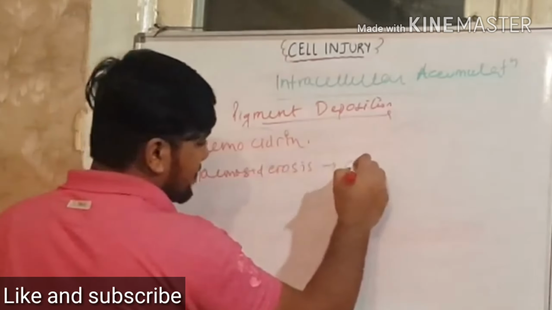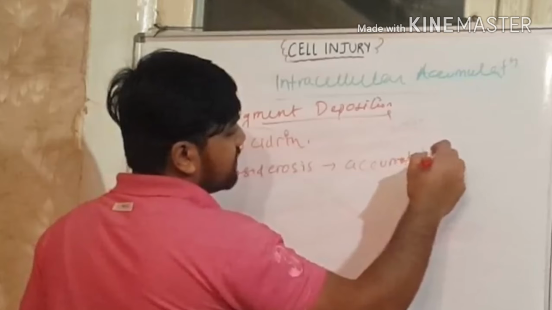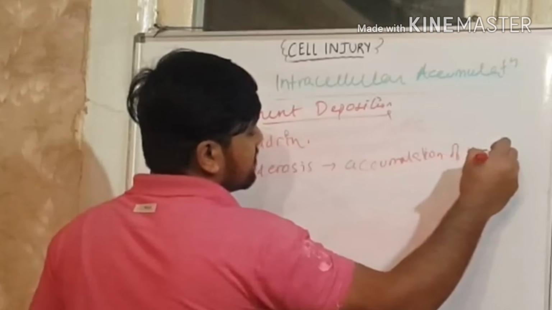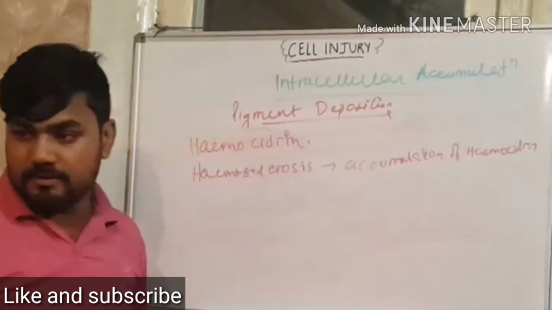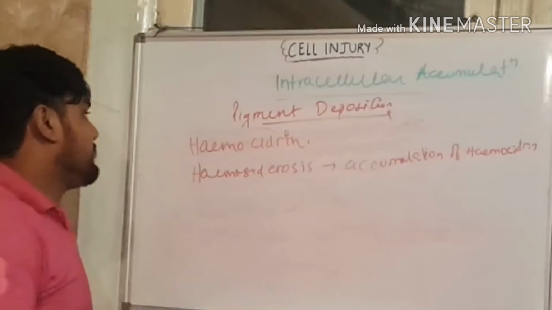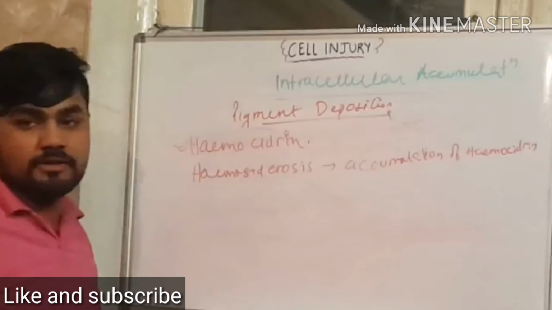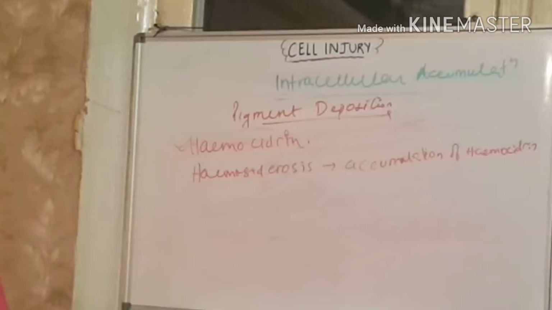Accumulation of hemosiderin is known as hemosiderosis. Hemosiderin is a pigment that is a precipitated form of iron.